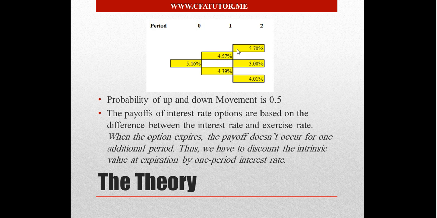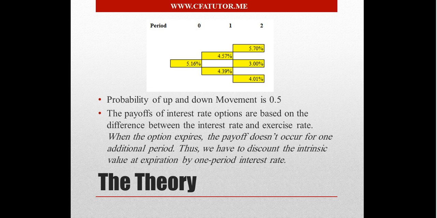And then in 2 periods it would either go up from the upper stage or it would go down from the upper stage and move on. The interesting thing about this model, about the option pricing model for interest rate, is that we assume that the probability of up and down movement is 0.5, so we don't need to specify any probability here.